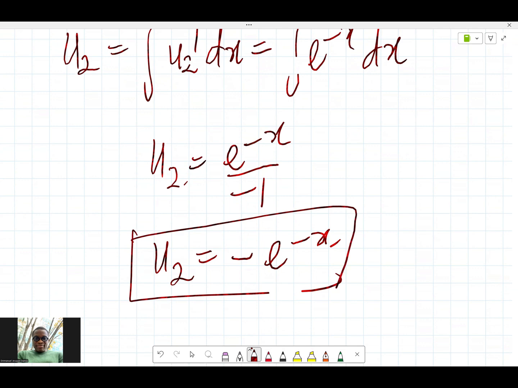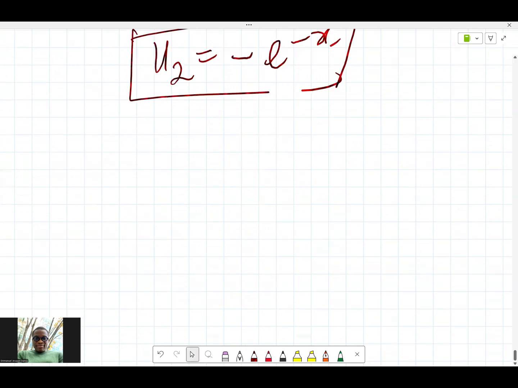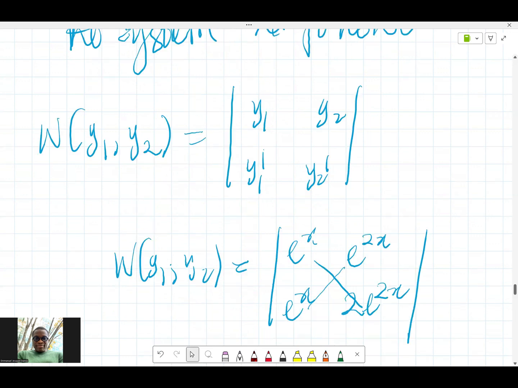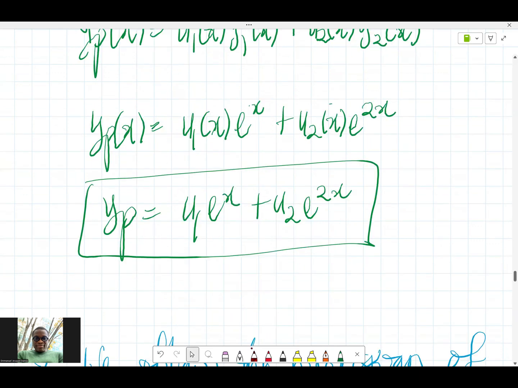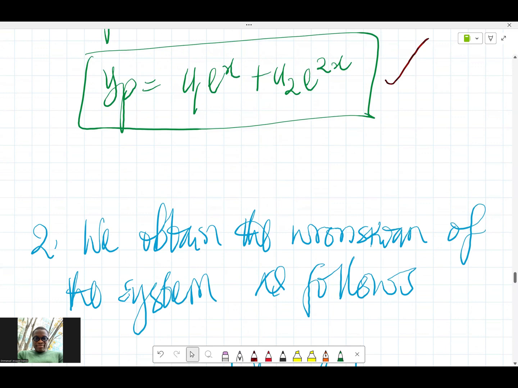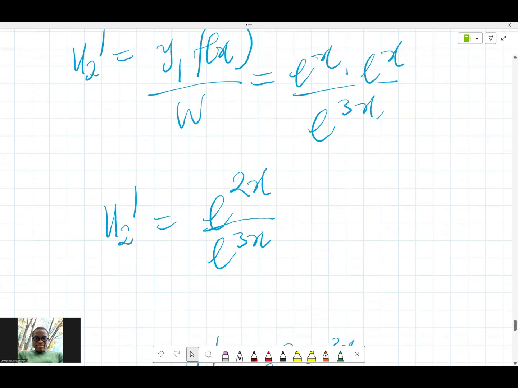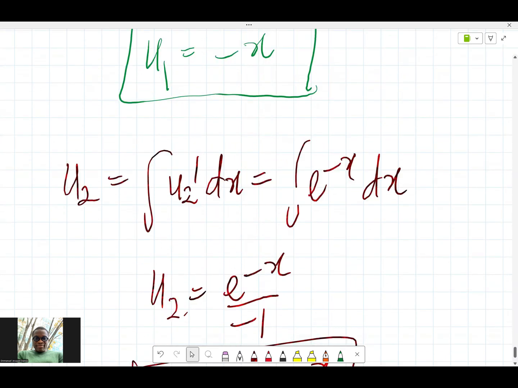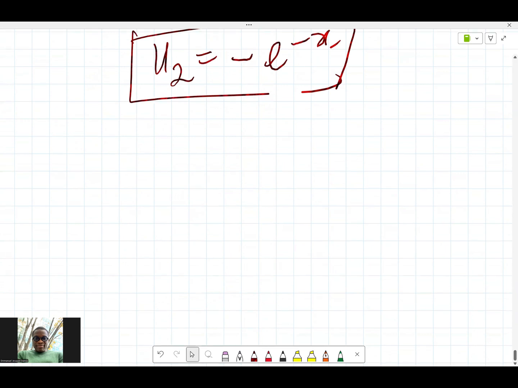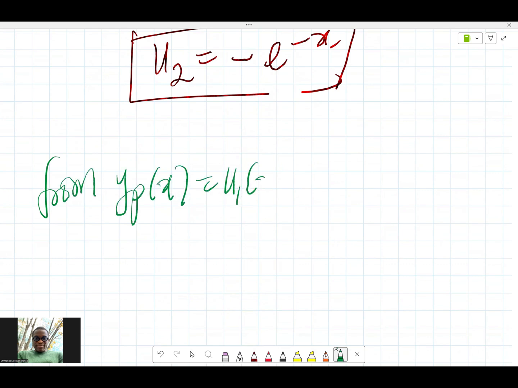So now that you have obtained all of this, we can go back to the original yp we wrote: yp of x equals u1 of x y1 of x plus u2 of x y2 of x, right?